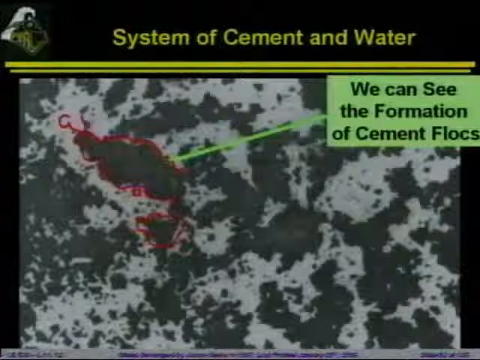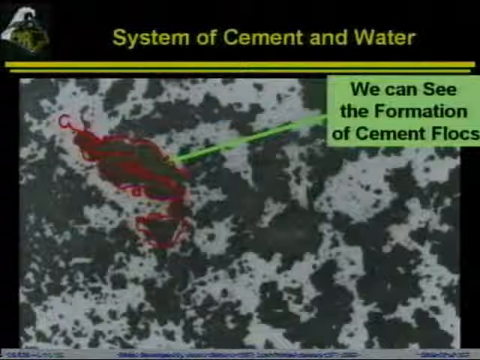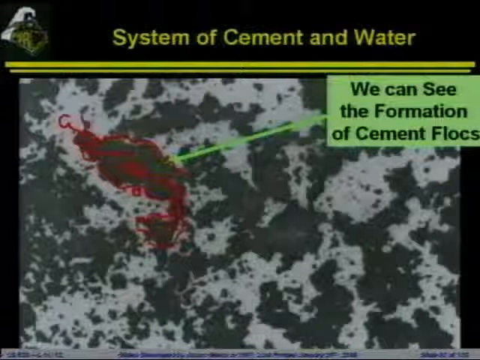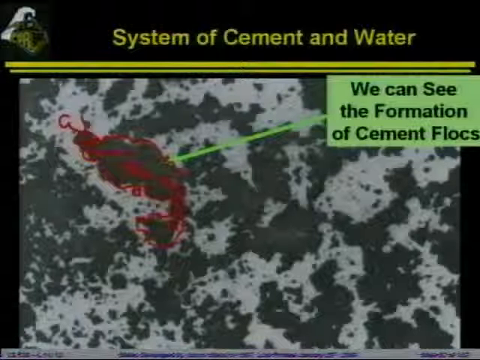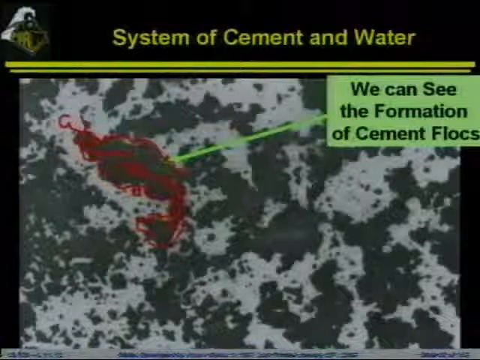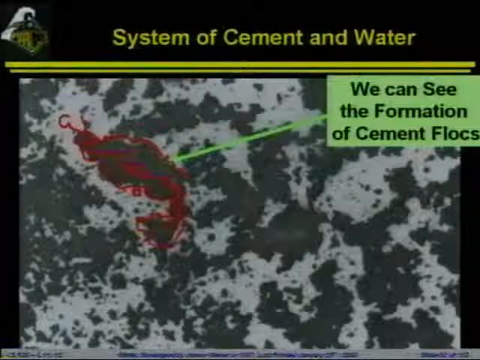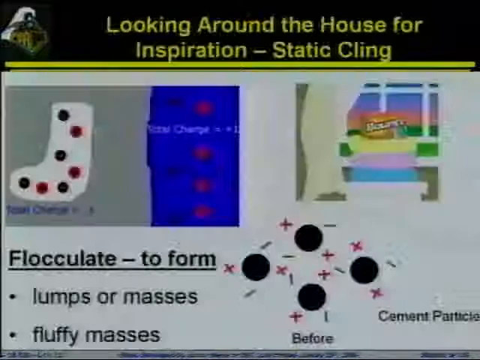And what happens is this cement that I've drawn out here that looks kind of like Italy or a continent is not actually one particle. This is a collection or a group of particles, or a flocculated set of particles, and they're basically all sticking together.